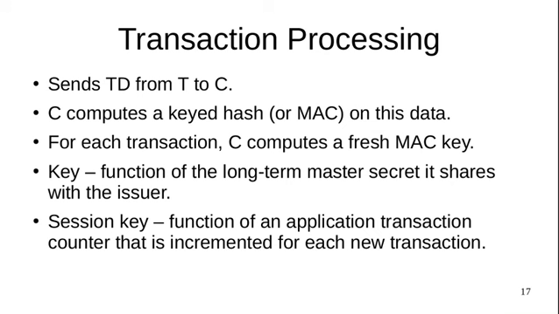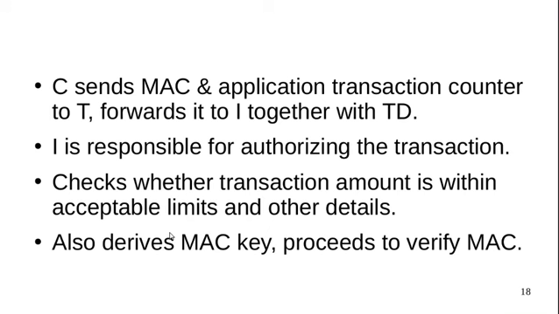The session key will be a function of an application transaction counter that is incremented for each new transaction. Now C sends the MAC and the application transaction counter to the terminal T, which forwards them to the issuer I together with the transaction data.